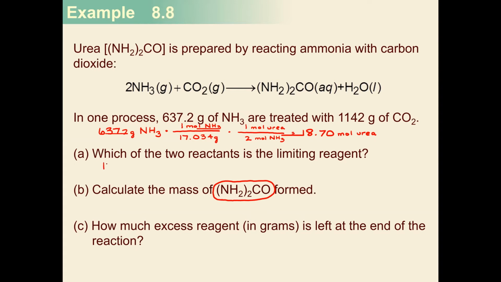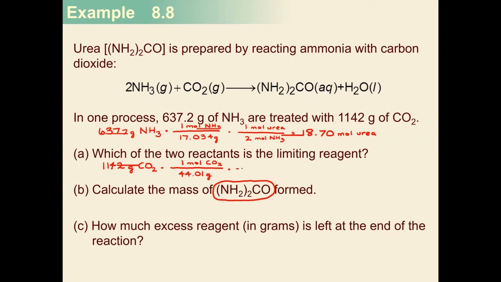So that is going to be our carbon dioxide at 1,142 grams of our CO2. So now we need to go on a similar path and say that 1 mole of CO2 has a molar mass of 44.01 grams.